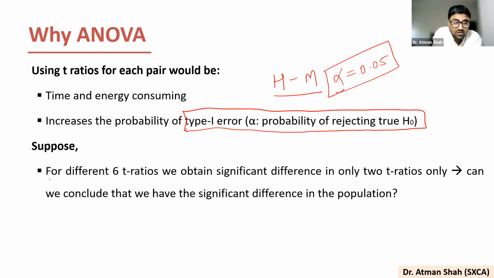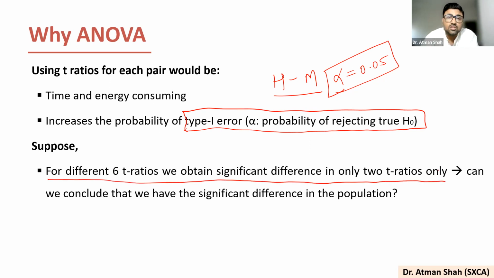For the 6 different t-ratios, we obtain a significant difference in only 2 t-ratios. For example, you find a significant difference for Hindu and Muslim and for Hindu and Jain, but not for the other 4 pairs. Now, can we conclude that we have a significant difference in the entire population?